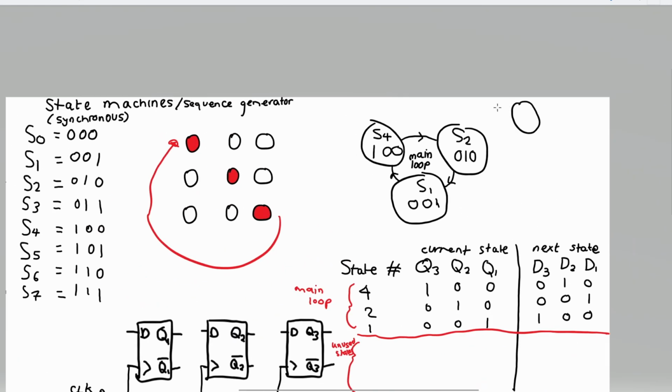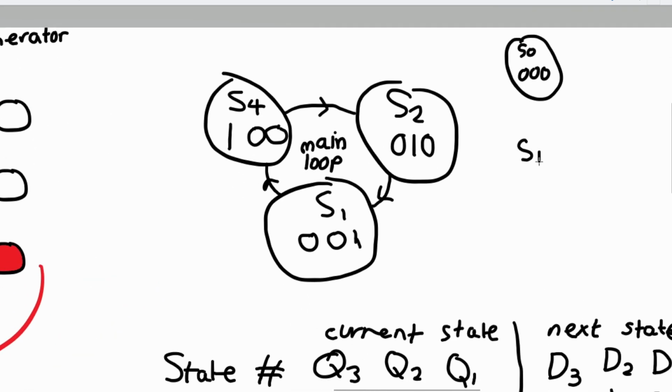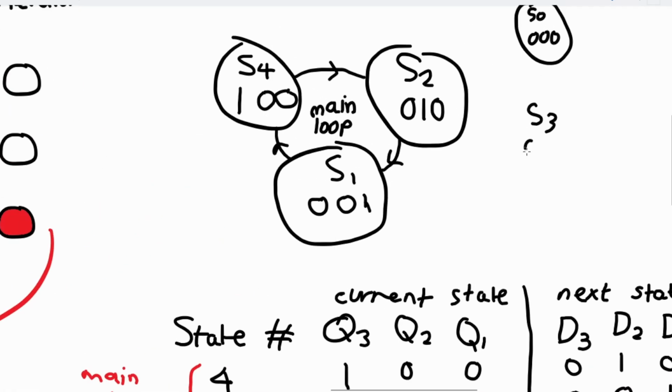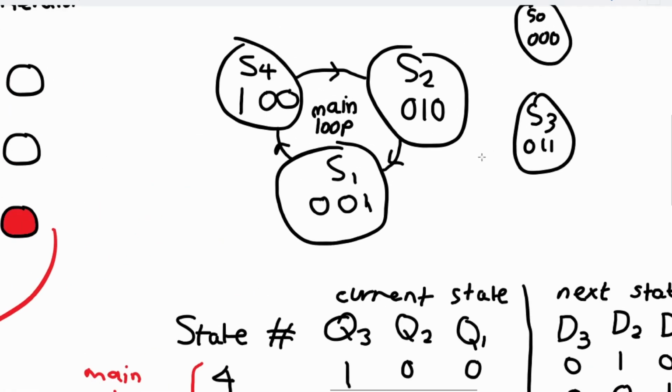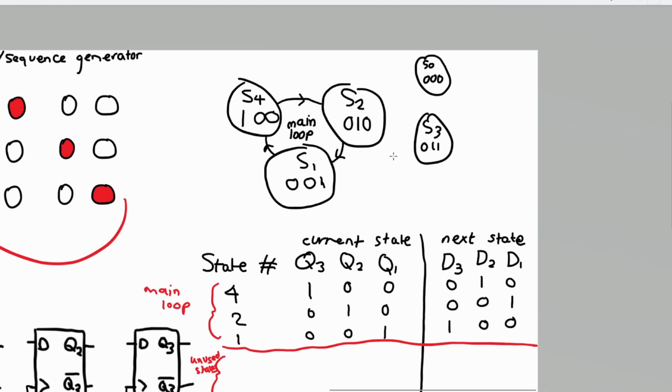So we've got S0 is an unused state. S1, we're using S1. S3 is an unused state, 0 1 1. We're using S4. S5, 6 and 7 are unused states.